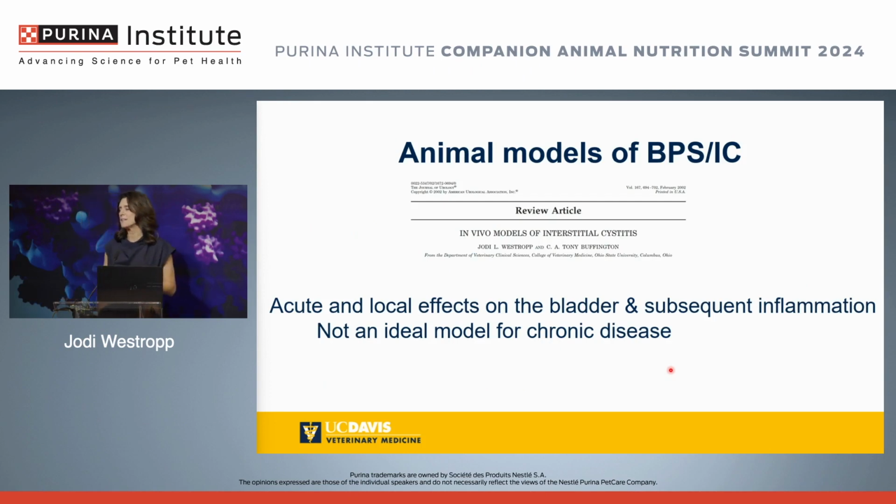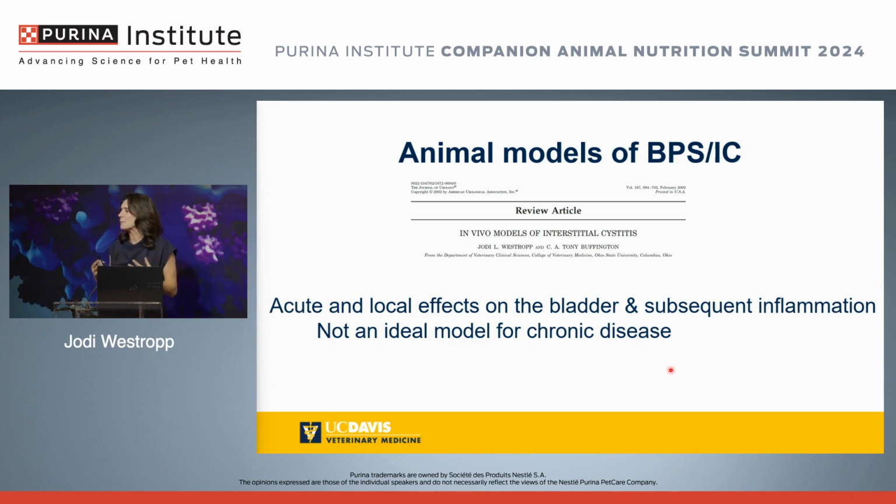And so in humans, because they wanted to study this further, there have been a lot of different animal models to investigate this disease. Here's a review paper, and I'm also really glad I can't read the year, because this is the very first paper I ever wrote. I know it's a really long time ago. This one, of course, I did with Dr. Buffington because we were looking at animal models for FIC, proposing, we thought, hey, the cats might be a really nice naturally occurring model, but of course we looked at the other models that have been published.